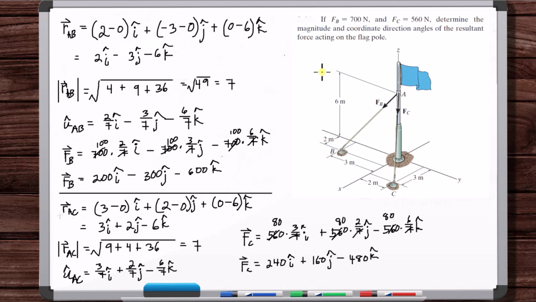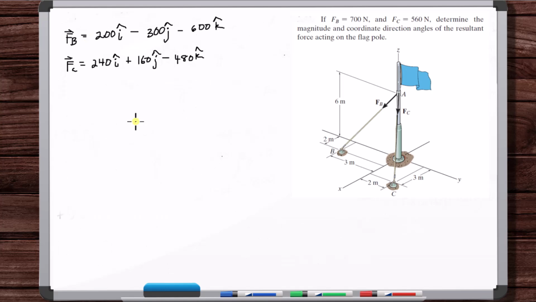To answer the problem, they want the resultant force, so we just add those two vectors. What is FB plus FC? 200 plus 240 is 440.